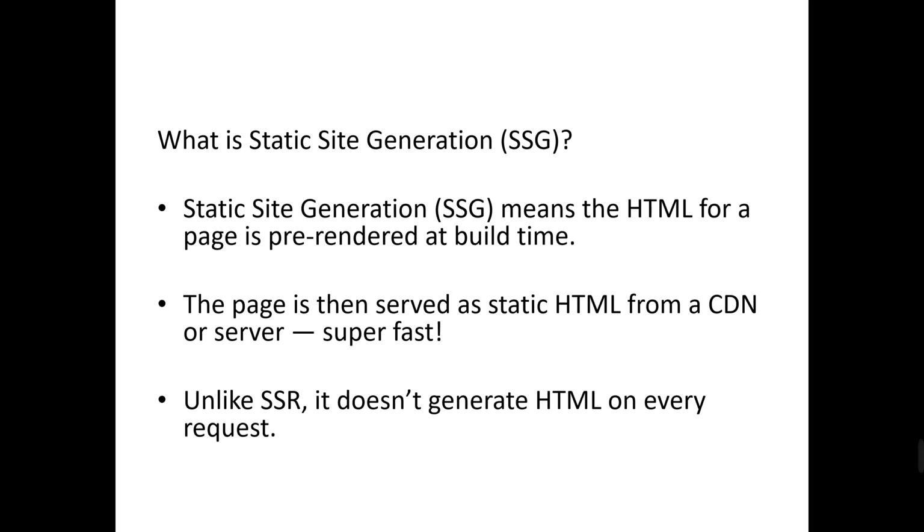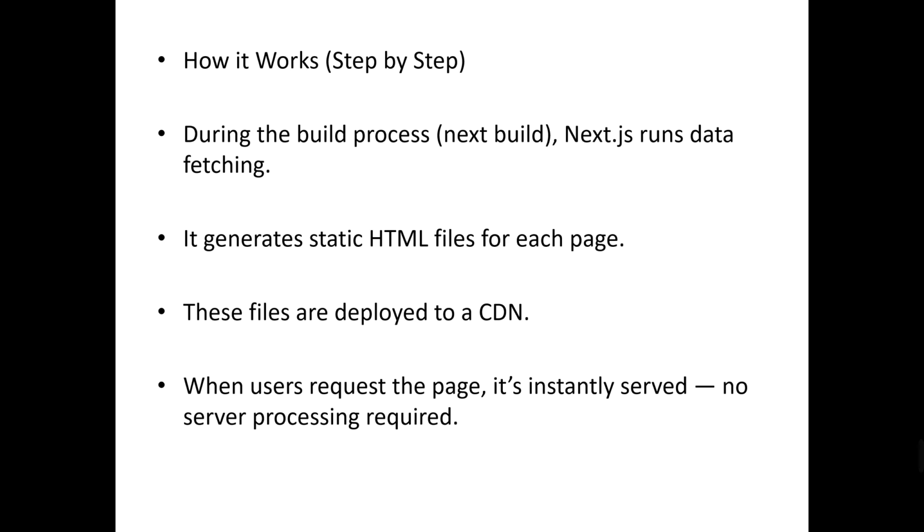The page is then served as static HTML from the CDN. CDN stands for Content Delivery Network, a server which is basically super fast. Unlike SSR, it doesn't generate the HTML on every request. When it comes to SSR, it generates the HTML for every request, but static site generation doesn't do that.